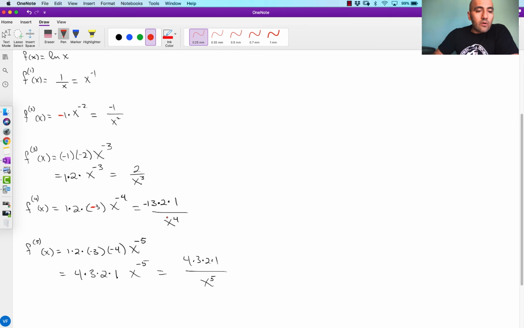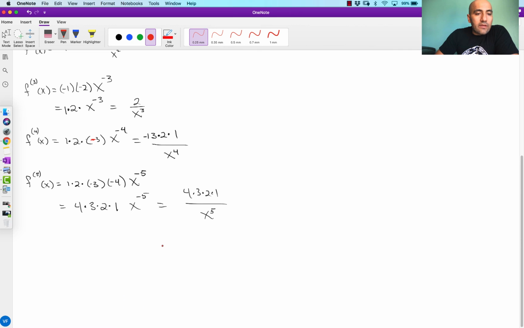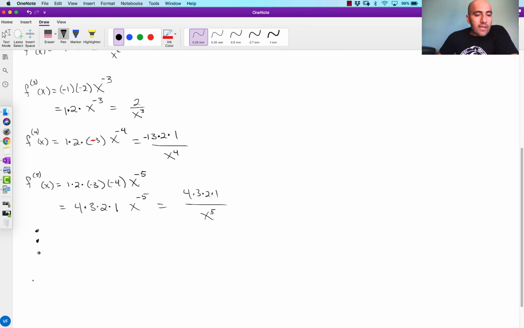So as I keep going down, and I want to find the pattern for the general one, dot, dot, dot, what happens for the nth derivative of x? Well, there is a countdown thing that happens. I can see that part, 4, 3, 2, 1. And it looks like the countdown started at 1 less than the derivative, right? So the fourth derivative, the countdown started at 3.